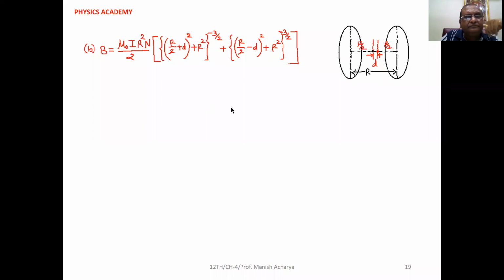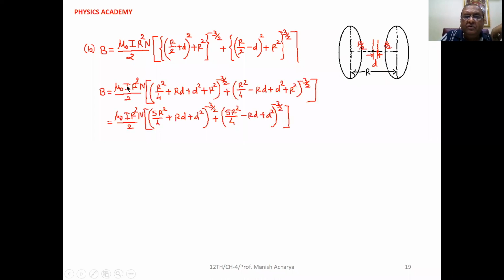Now, mu 0 I r square n by 2 stays outside the bracket as it is. Now simplify this. R by 2 plus d whole square is r square by 4 plus rd plus d square, plus this r square as it is, and the whole raised to minus 3/2. Plus, now simplify this r by 2 minus d whole square as r square by 4 minus rd plus d square plus r square raised to minus 3/2.